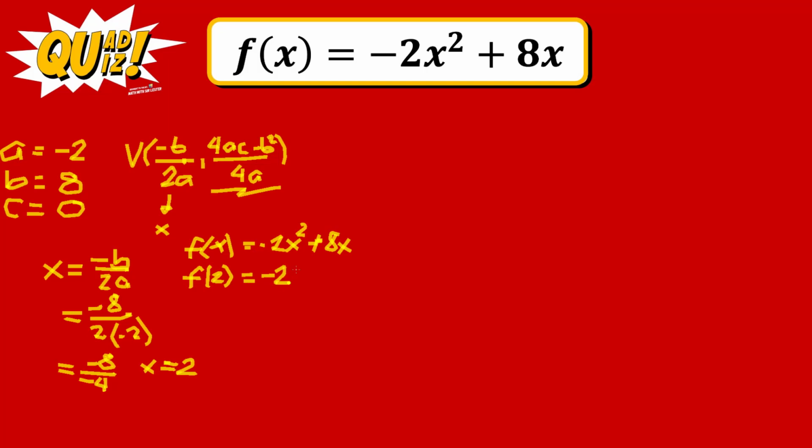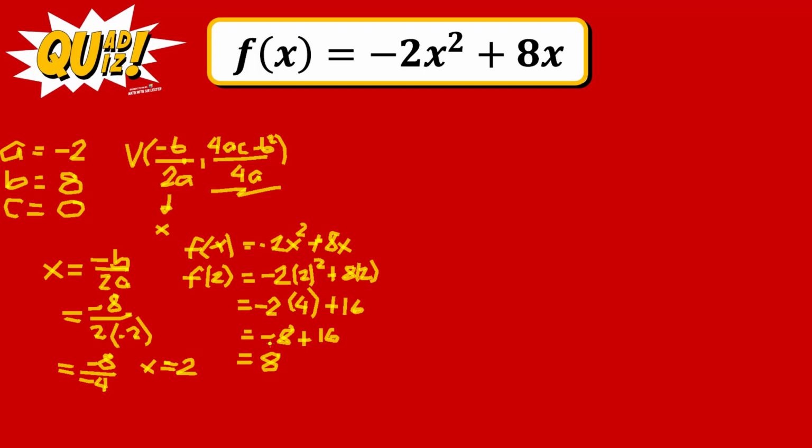So you have -2 times 2 squared plus 8 times 2. By exponentiation first, -2 times 4 plus 16. That's -8 plus 16. So our result for f of 2 is positive 8.